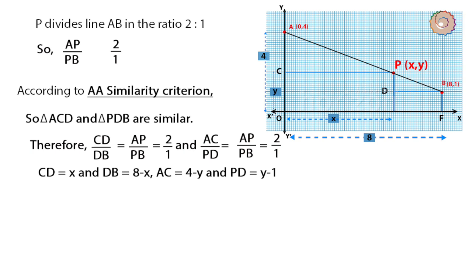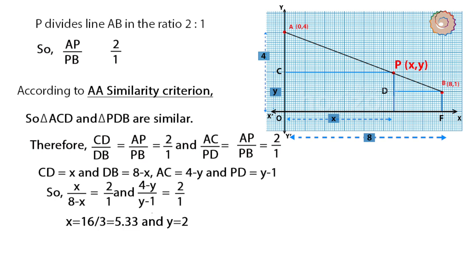AC equals 4 minus y and PD equals y minus 1. So x by (8 minus x) equals 2 by 1 and (4 minus y) by (y minus 1) equals 2 by 1. Upon further calculations, we get x equals 16 by 3, that is 5.33, and y equals 2. So the coordinates of P are (5.33, 2).